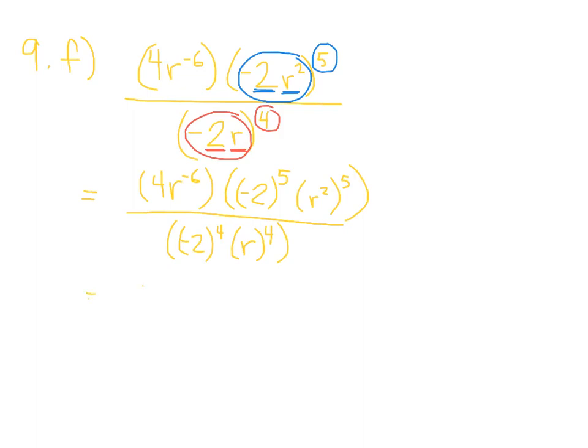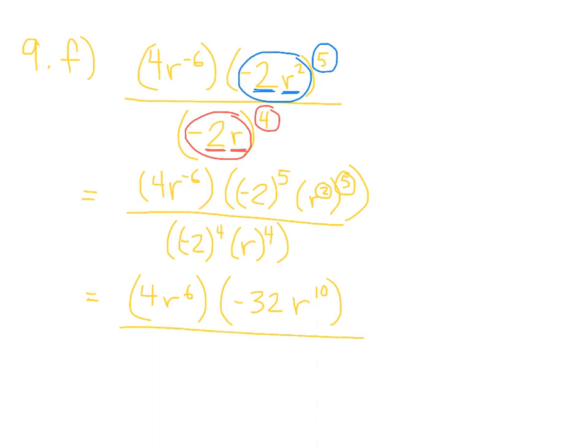Continuing this is 4r to the power of 6. And in this bracket, negative 2 to the power of 5 is negative 2 times negative 2 times negative 2 times negative 2 times negative 2. It's negative 32. And then r squared to the power of 5, that's a power of a power, so leave the base the same, multiply the exponents, is to the power of 10.